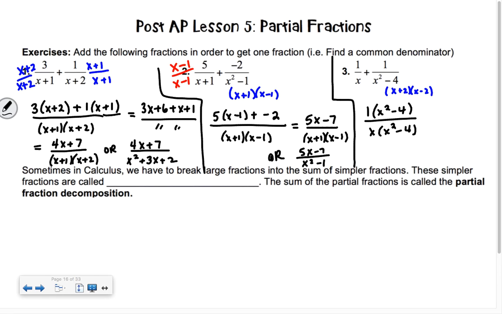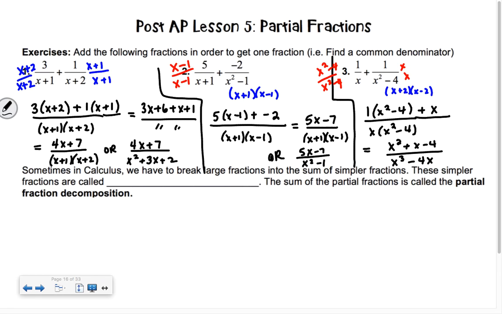Did you guys see that? And then plus, what do I have on the other one? x, because I'm going to multiply by x over x, right? So we just get a plus x. This works out to be x squared plus x minus 4 all over, if I multiplied it out, x cubed minus 4x. Okay, does this make sense?